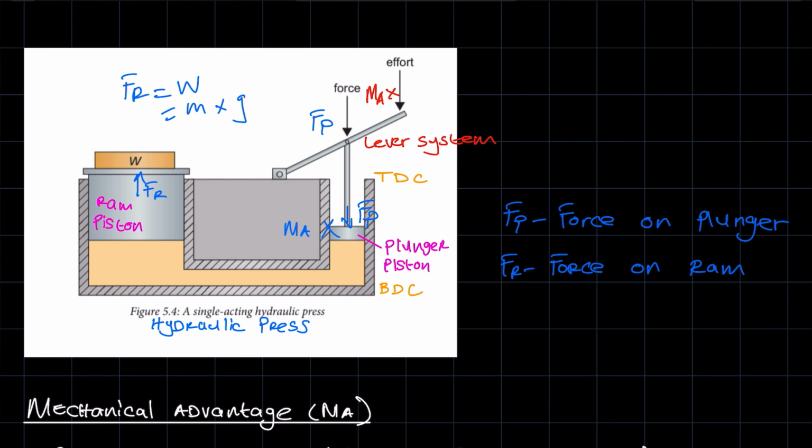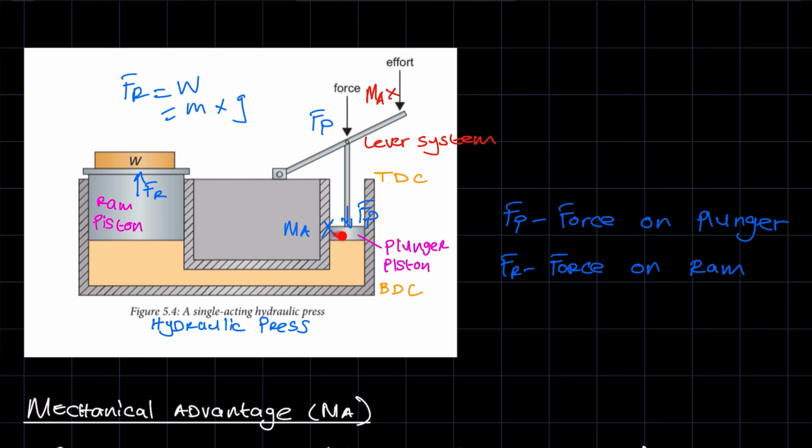Now, I forgot to mention here, but I would assume that you already know this part, that you have two pistons here. You have this piston and you have this piston. Both of these are pistons, but this one is referred to as the plunger piston. Hence the force coming into the hydraulic press we denoted as FP for force on plunger.